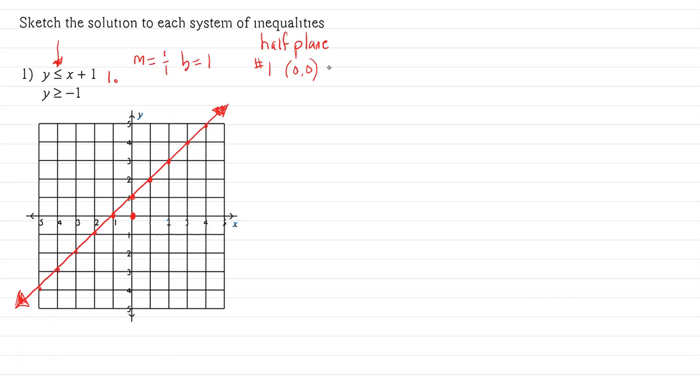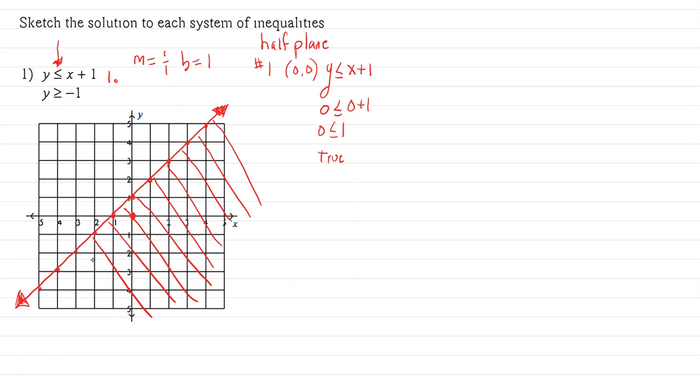We take the equation we started with, which is y is greater than or equal to x plus 1, plug in 0 for x, 0 for y, simplify both sides, and we see that this is a true statement. That means this region is the region that we need to shade in, because that's the region that contained our dot, and you always shade toward the dot.